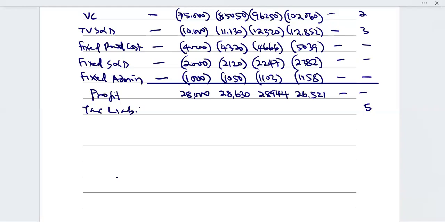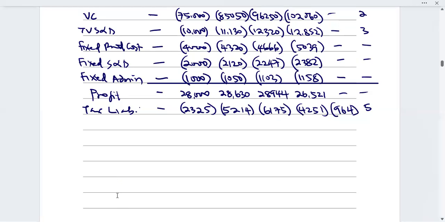Here is 2325. The second one, year 2, is 5214. Next one, 6175. And the year 4, 4251. Year 5, 964. So that's the tax liability.